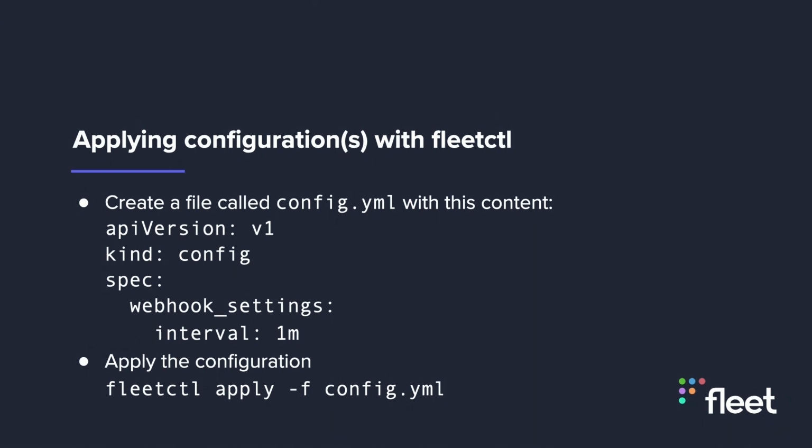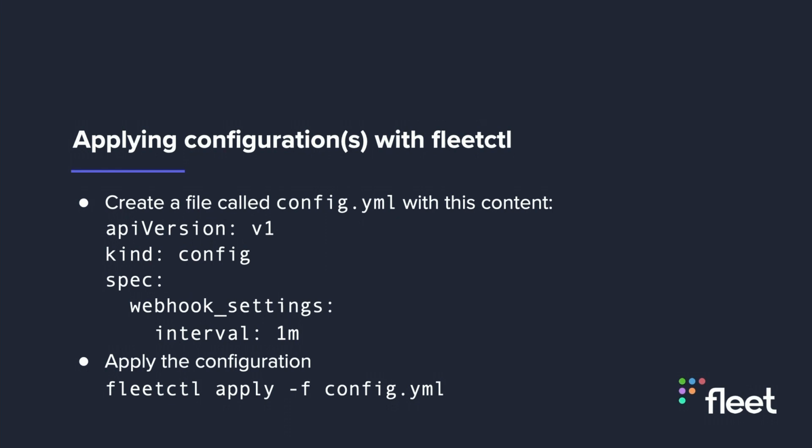So a little bit more about the command line. For the most part, all of the configuration can be done in YAML, because we love linting YAML. I like YAML because it's easier to read than plist, but that's just me. So you can create a configuration file. In this example, we're changing the webhook settings to an interval of 1 minute.